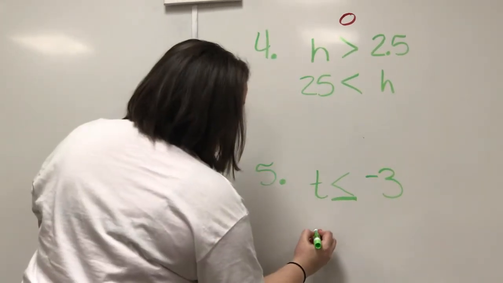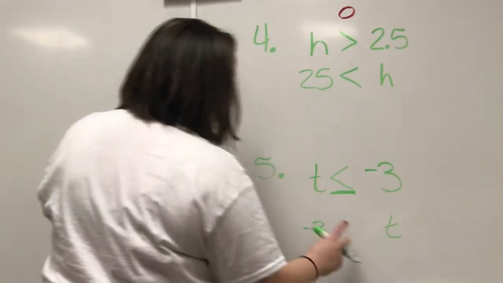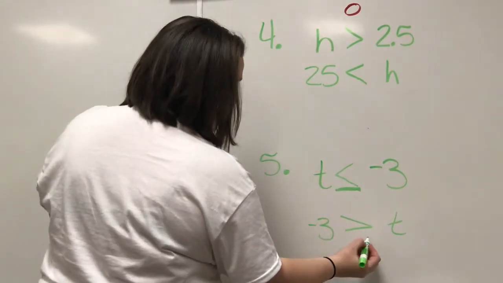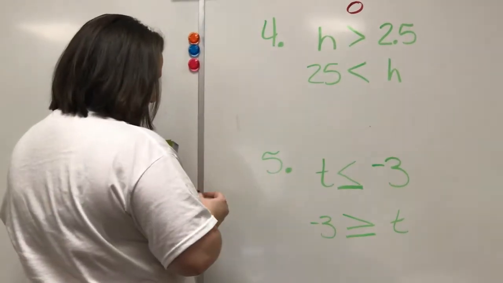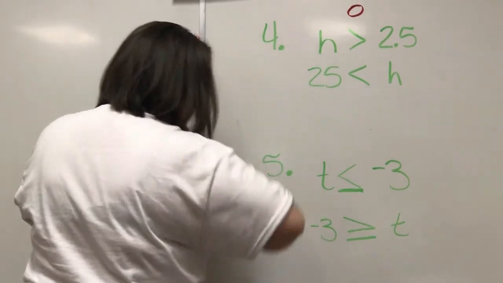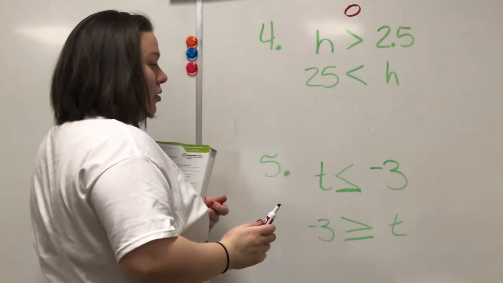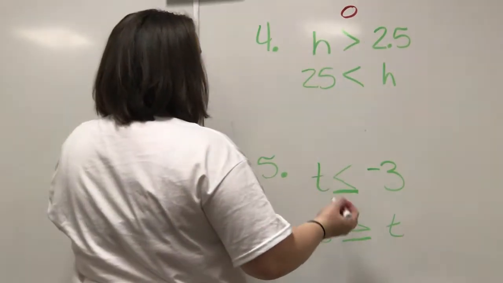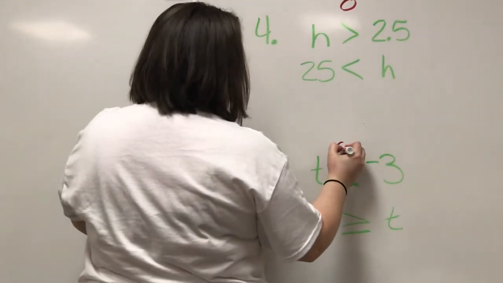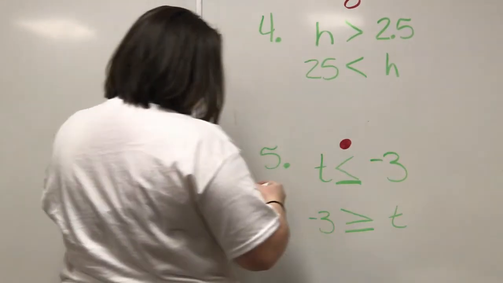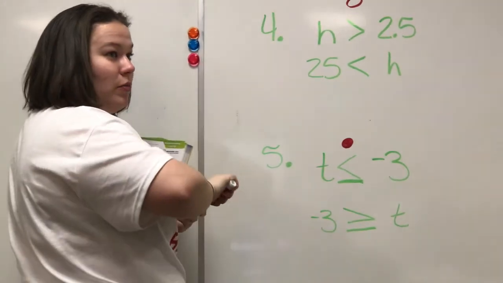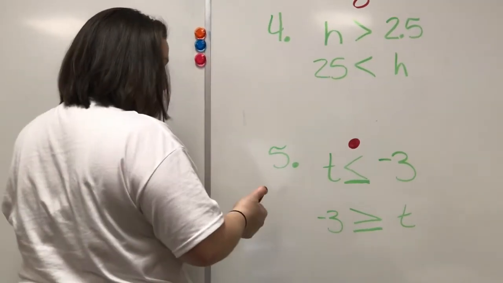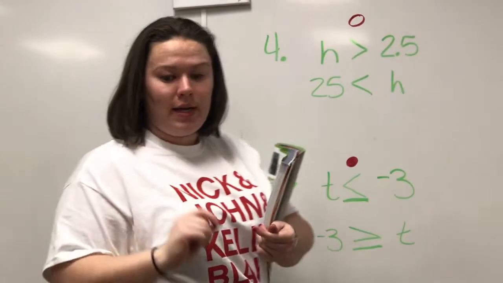Flip it around, -3, T, flip your symbol, and color code your dot. Are you going to have an open dot or is it going to be a closed dot? It will be a closed dot. I promise you are going to be grateful that you've been practicing this on the next lesson.